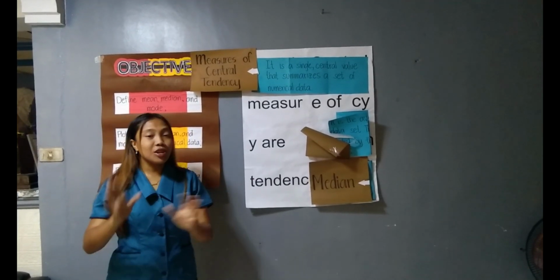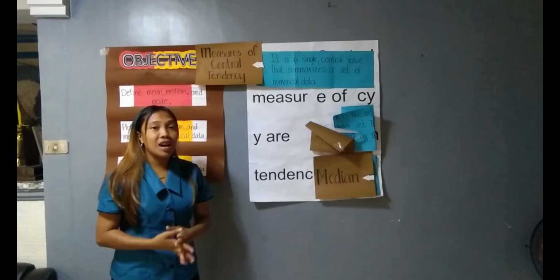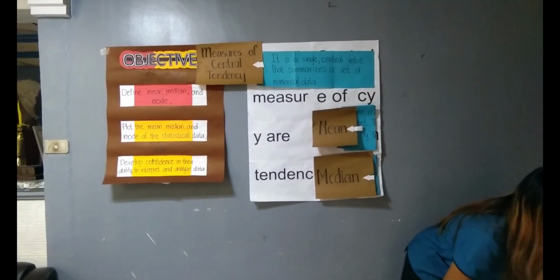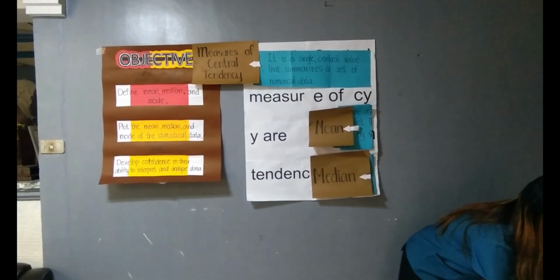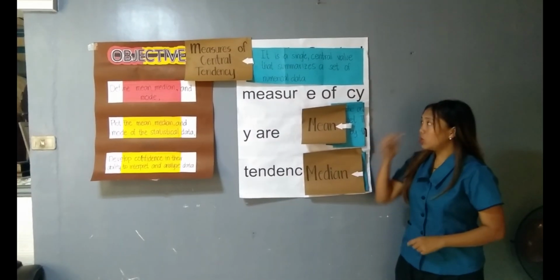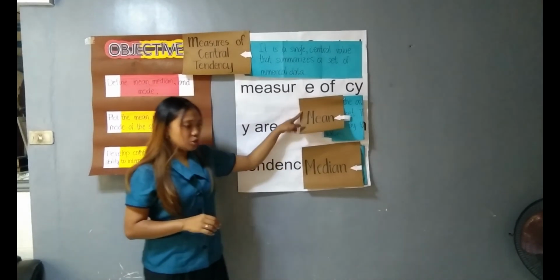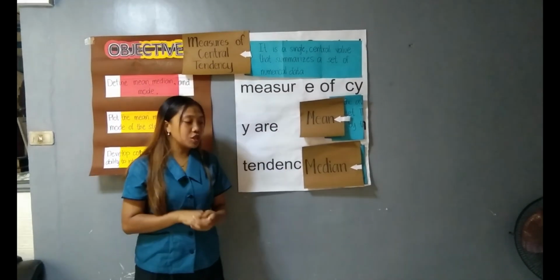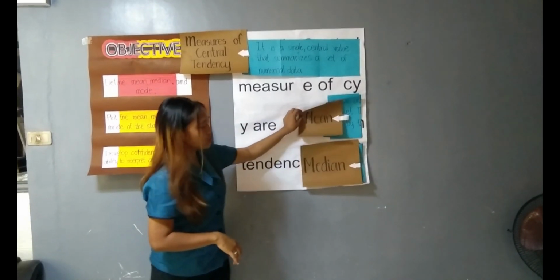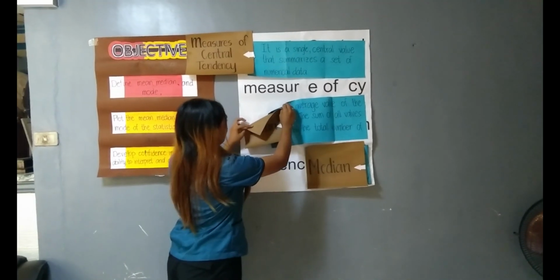There are three common measures of central tendency: the mean, median, and mode. First, let's have the mean.